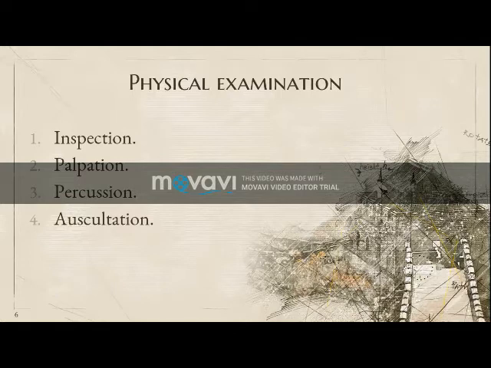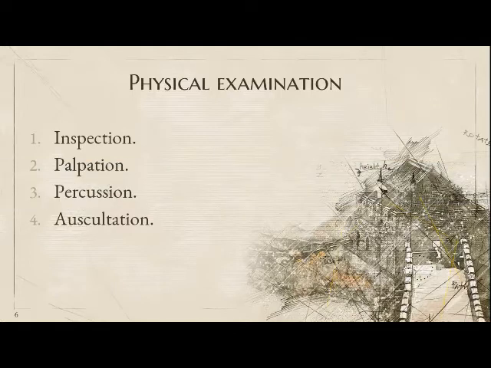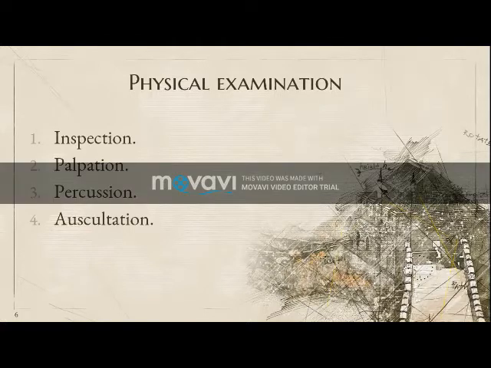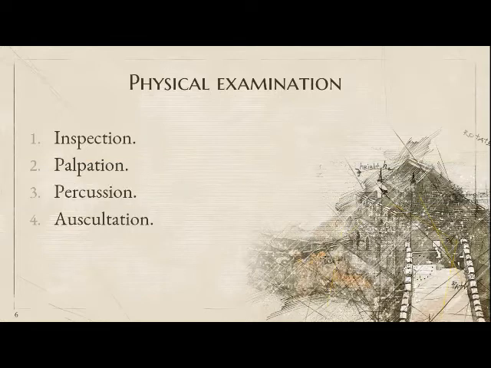Palpation means by touching the patient, you feel for any abnormalities, like any extra mass or accumulation of fluid. Percussion means by tapping, you observe. And auscultation means using instruments like a stethoscope or fetoscope. That method is called auscultation.